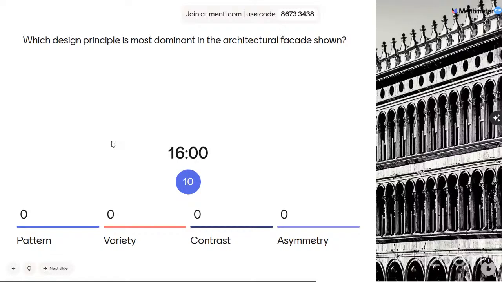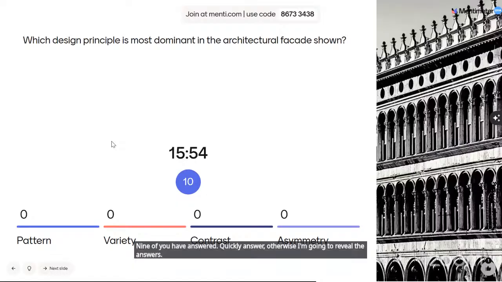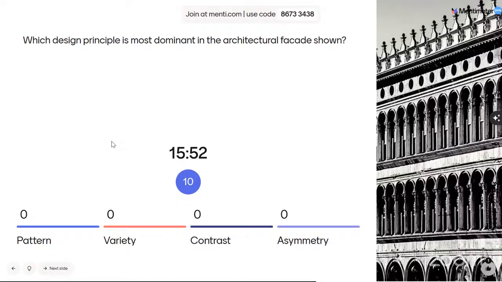Nine of you have answered. Quickly answer. Otherwise, I'm going to reveal the answers. Fast.